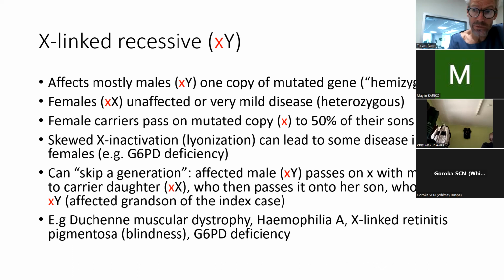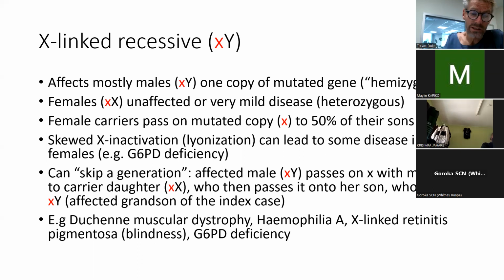So with conditions like hemophilia, you often see a family history like that, where it appears to skip a generation, but it just means that the genetic mutation was transmitted from a grandfather to his daughter as a carrier, and then to her male offspring. If you've got a family history of an X-linked condition, that's usually the way it's transmitted.